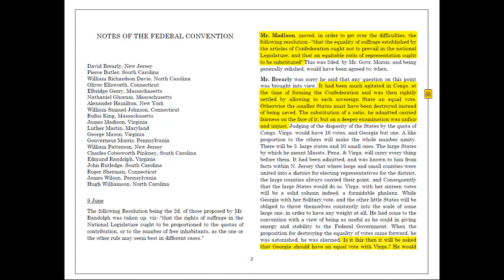So what does that mean? The quotas of contribution, as you will recall from having read the Articles of Confederation, although each state gets 1 vote in the Continental Congress, the Continental Congress does not have the power to tax itself. What it does is assign each state its share of the national budget or the national debt.